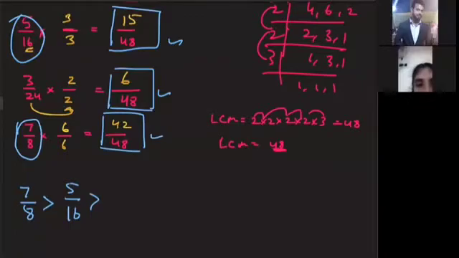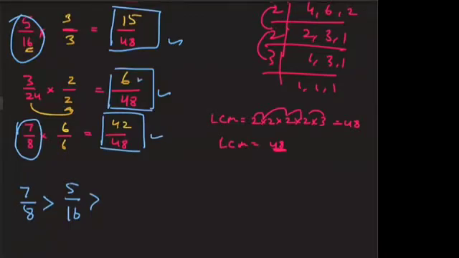And then the smallest numerator is 6, so we will write 3 upon 24 at the end. So this order is descending order. Now match your answer. Everybody, check if you have given the right answer or not.